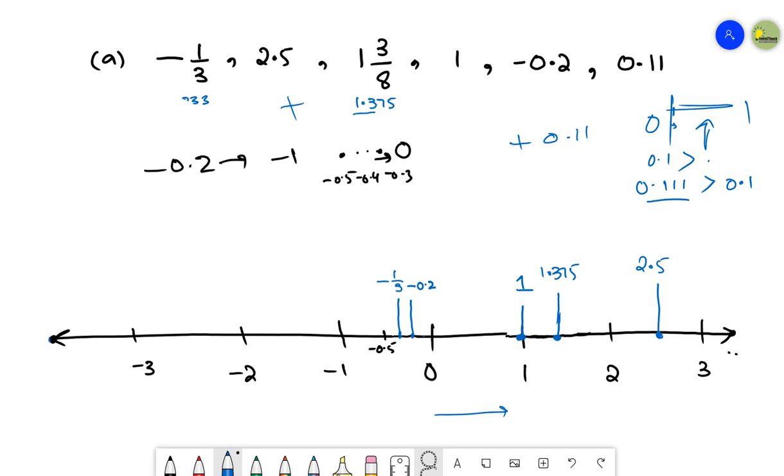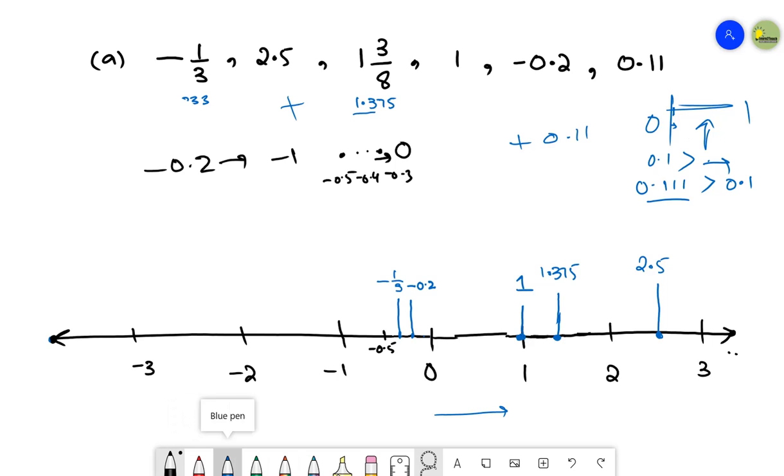Since it's a positive value and it is greater than 0.1, it is slightly on the right. If this is 0 and this is 0.1, then 0.111 is going to be slightly to the right, somewhere over here. Let me draw it clearly.